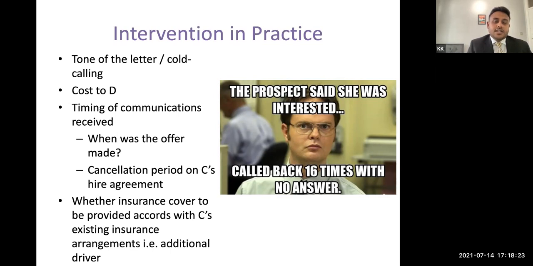And of course, in terms of the other factors to consider when looking at intervention letters, one has to look at whether the offer provided by the defendant insurers covers various factors, such as whether there are additional drivers on the policy, or in line with the claimant's existing insurance arrangements, for example, if they are a young driver, and so on and so forth.